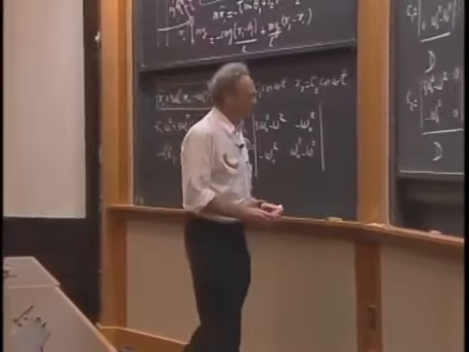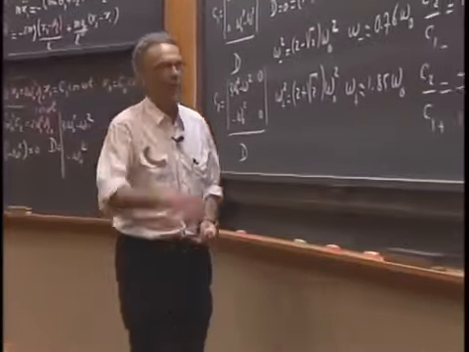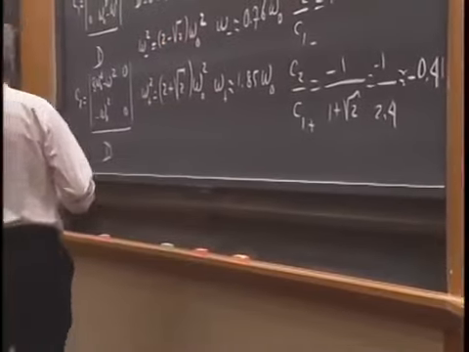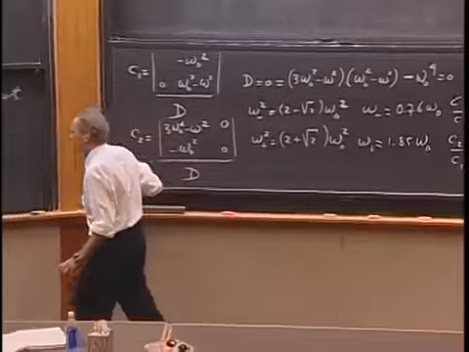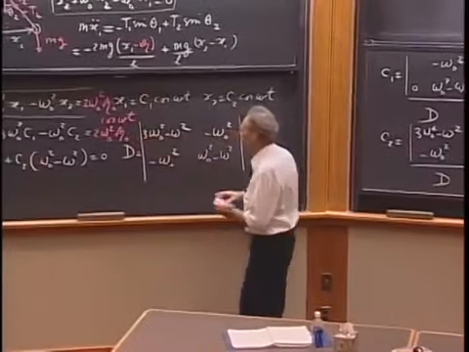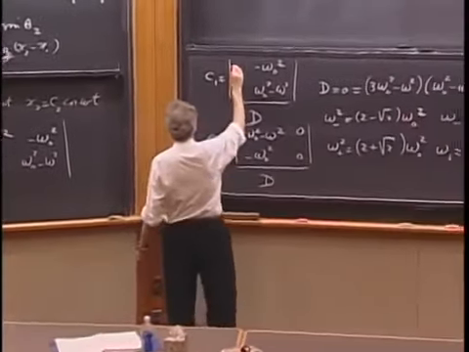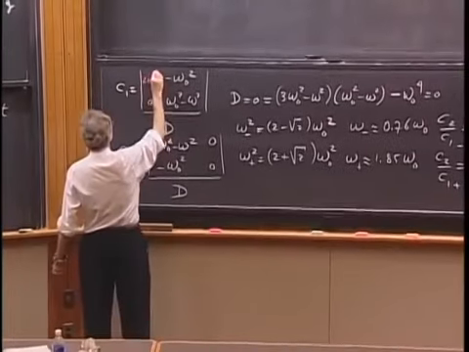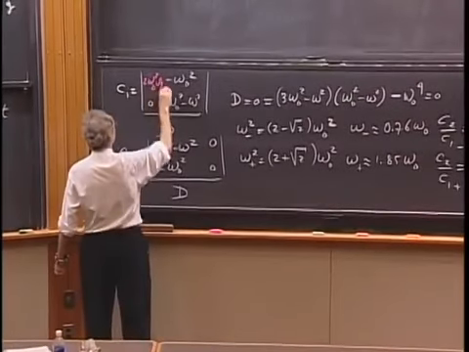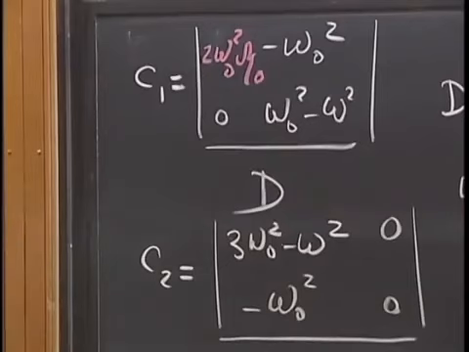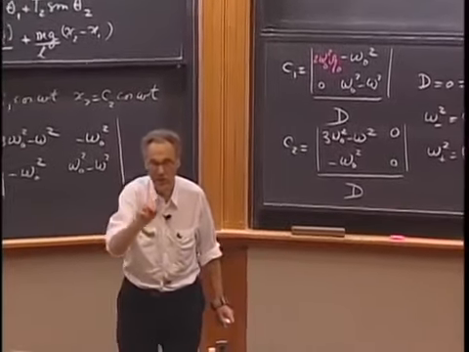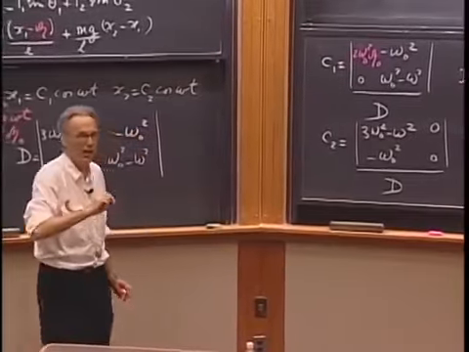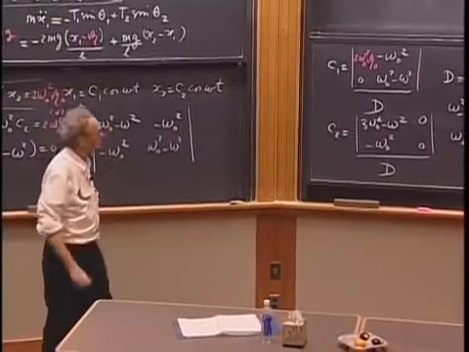Ah, it's easy, right? We apply Cramer's rule, and the only thing that changes is this one, which has to be replaced by this, 2 omega 0 squared times eta 0. Eta 0, remember, is the amplitude of my hand. Eta is the displacement of my hand at any moment in time. Eta 0 is the amplitude.